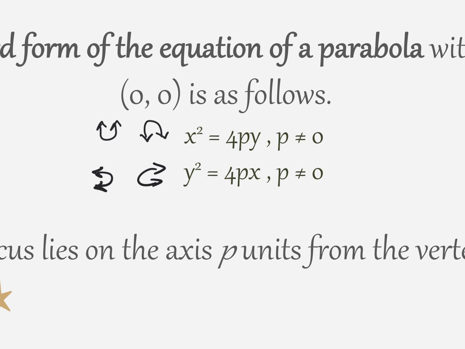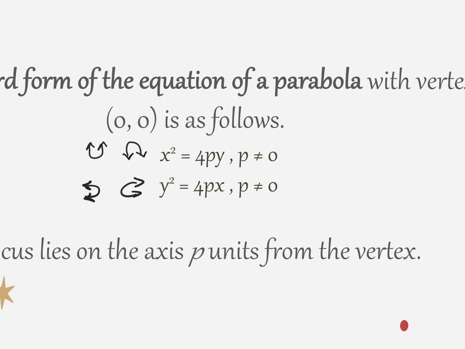Now, a little hint or something that maybe you can memorize, whenever we are trying to find, and in the homework tonight, you're going to be asked to find the focus and the directrix. So the equation for the directrix, when it's x squared, is going to be y equals the opposite of p.